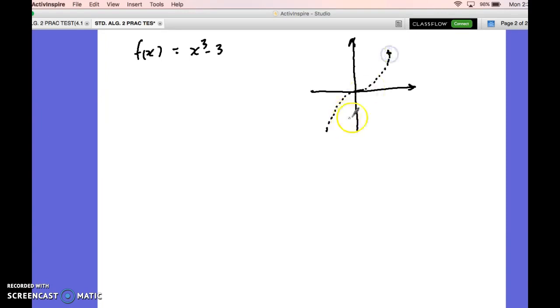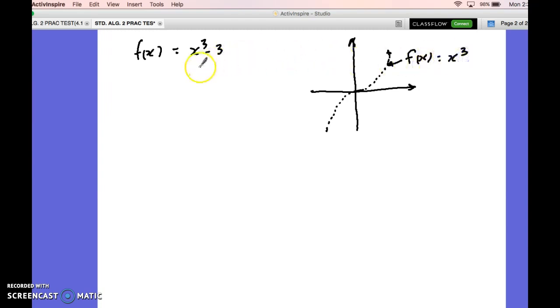That's what the cubic looks like. And you'll remember from the previous question that it goes like this when the leading coefficient is positive. So this is odd, and leading coefficient of positive. So f of x equals x cubed would look like that.